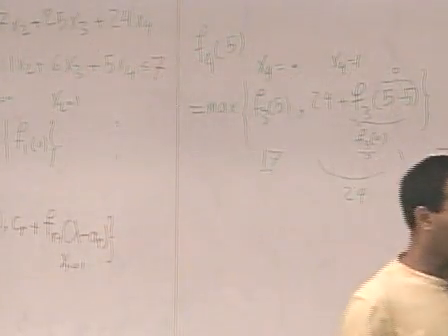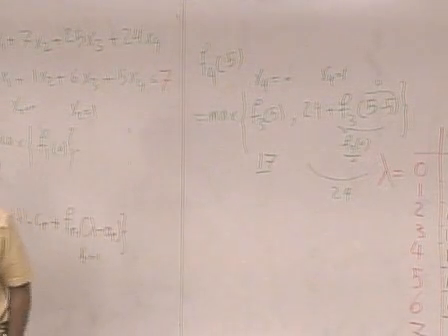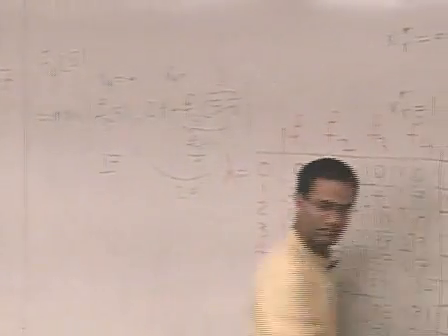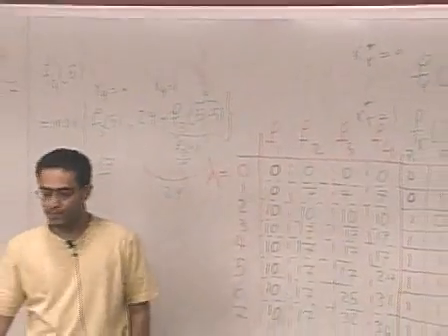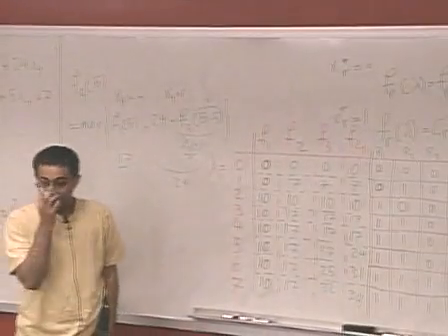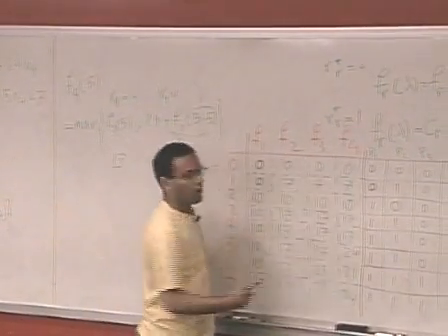Now, let's see what this table means after being filled. And filling it was totally a mechanical procedure, just doing this repeatedly. Now, forget about this part of the table. Now, let's see how we have to read this table. One thing that we know is that all the values here are feasible.